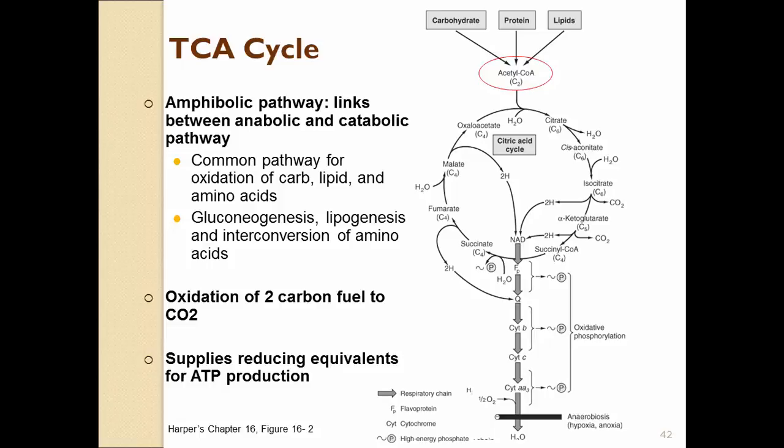And then the reducing equivalents NADH or FADH2 will eventually need to go into the electron transport chain for oxidative phosphorylation and for eventually producing the ATP in the electron transport chain, right? And all this process, the TCA cycle and electron transport chain, are in the mitochondria, right?